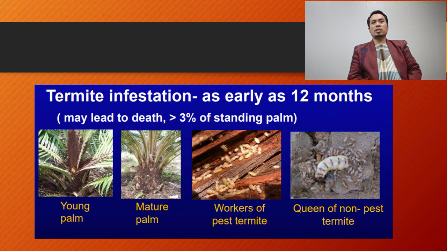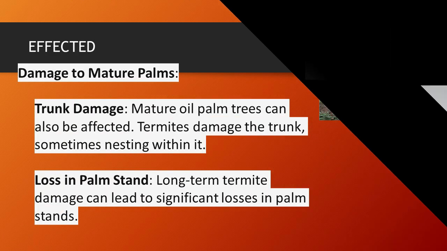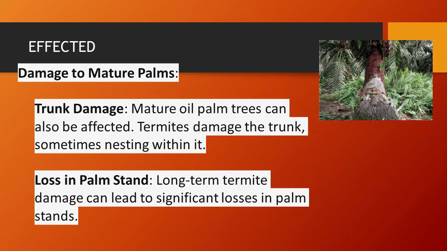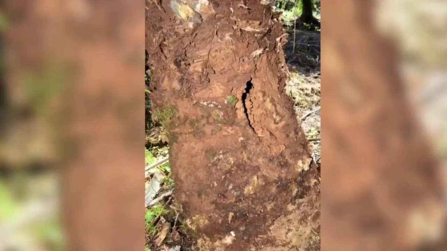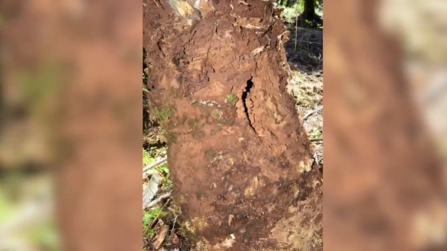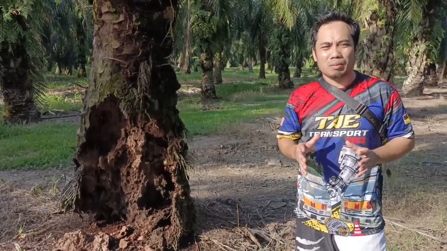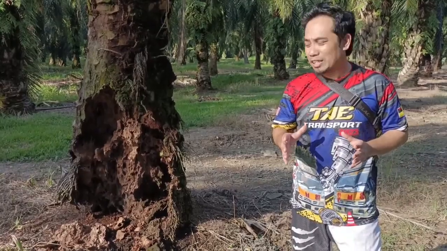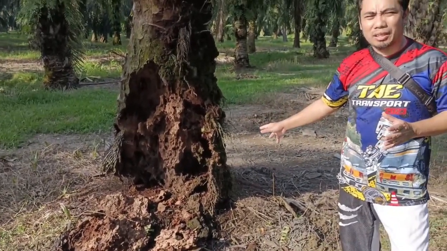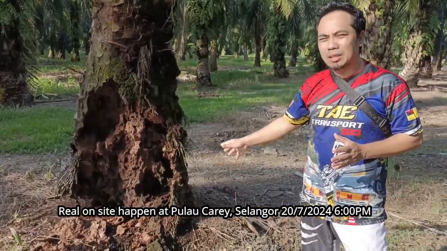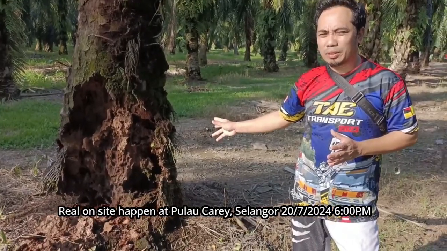The worker termites are very hardworking to get their food, and they damage the plants. You can see here the damage to the trunk because of the termites.